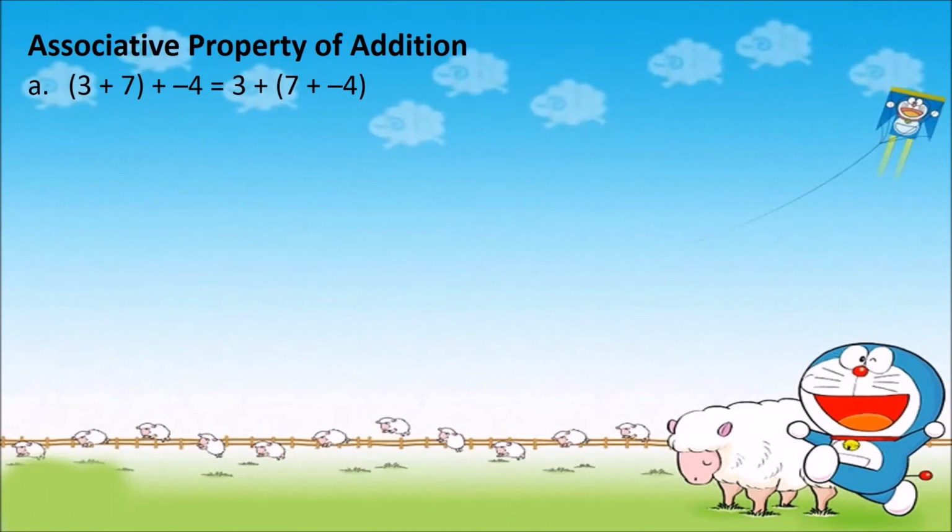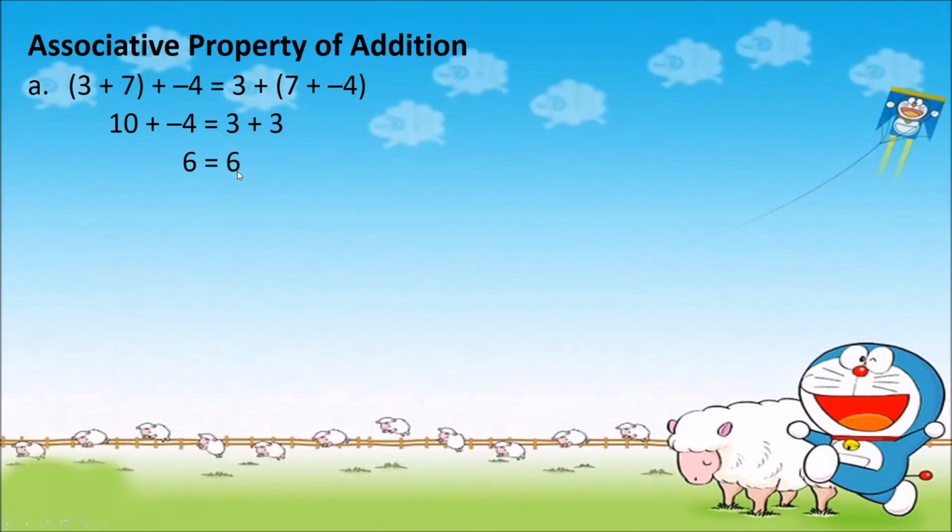The same, only the groupings. So, 3 plus 7 is equal to 10. Bring down negative 4. Equals, bring down 3, plus the sum of 7 plus negative 4 is positive 3. Therefore, 10 plus negative 4 is 6 and 3 plus 3 is equal to 6.